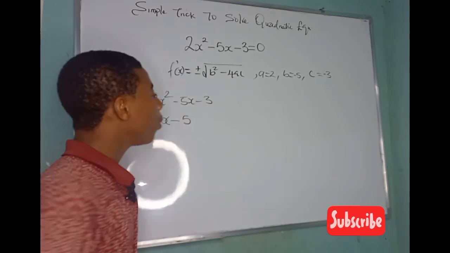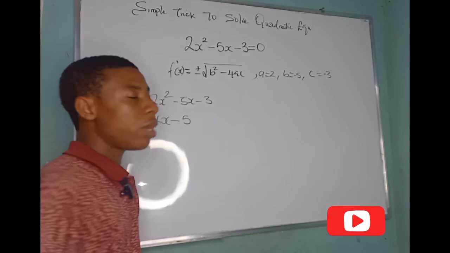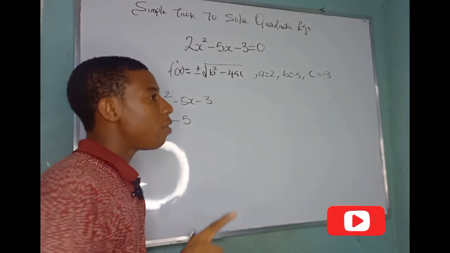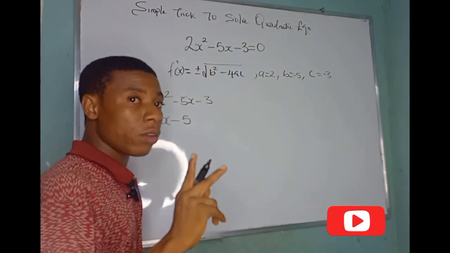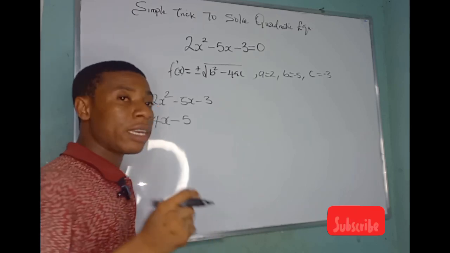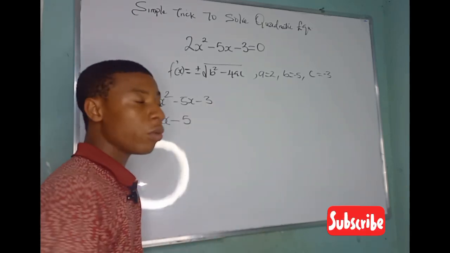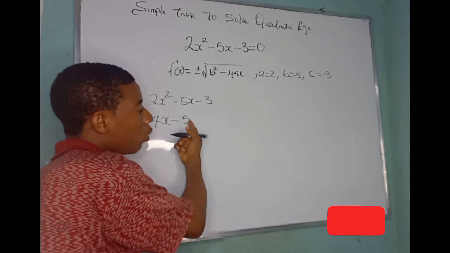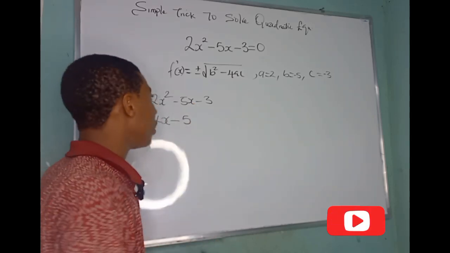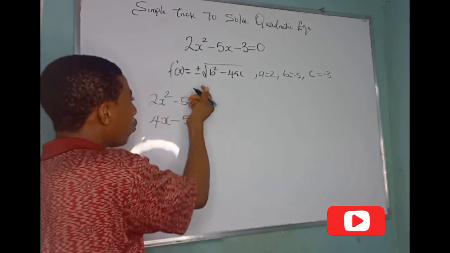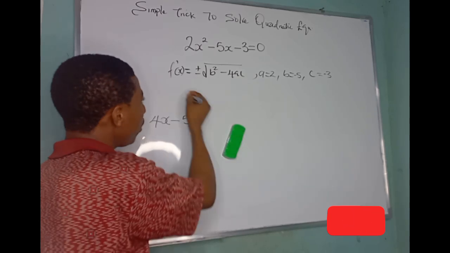Some people will ask why I am not writing minus 3 here. The derivative of a constant function is 0, and the derivative of an identity function is 1. So if you differentiate 3, you have 0, and if you differentiate 5x, you have only 5.